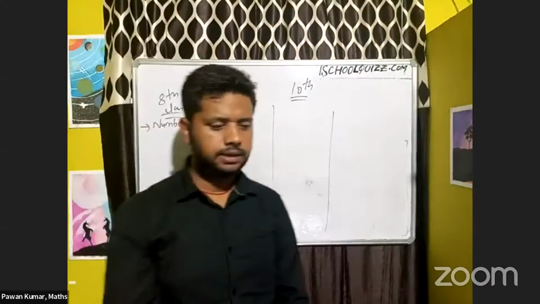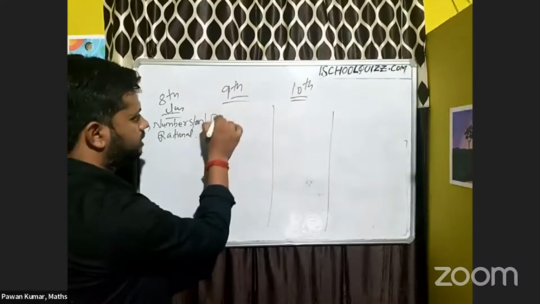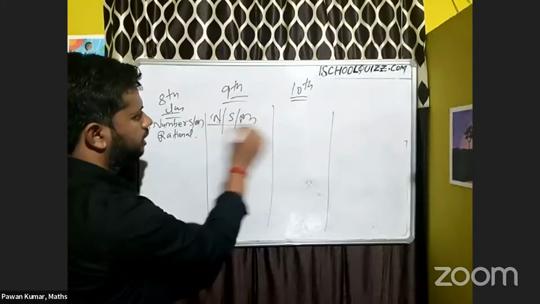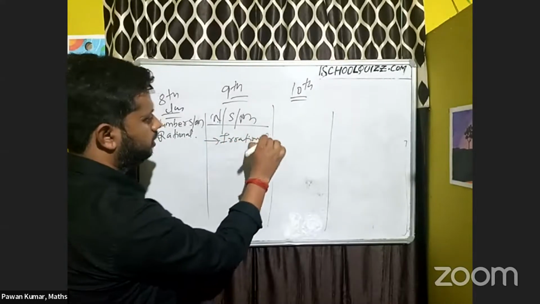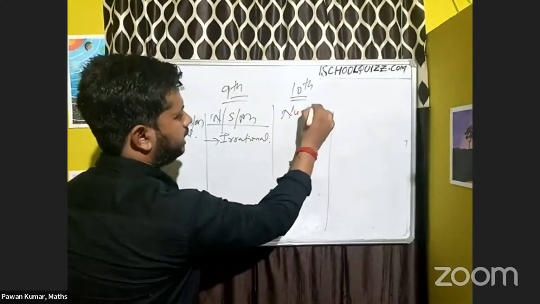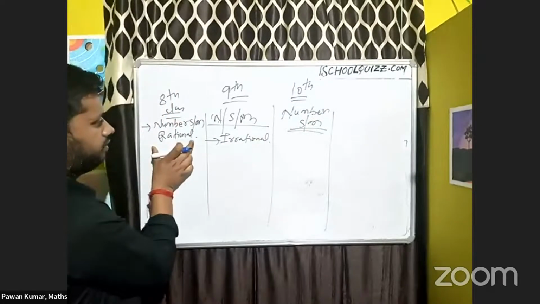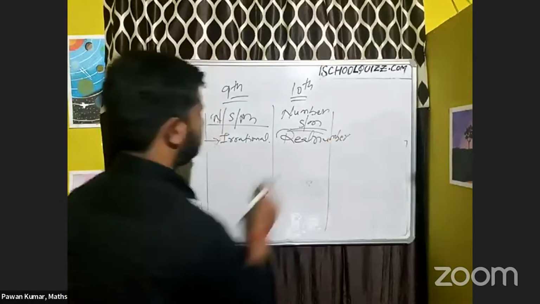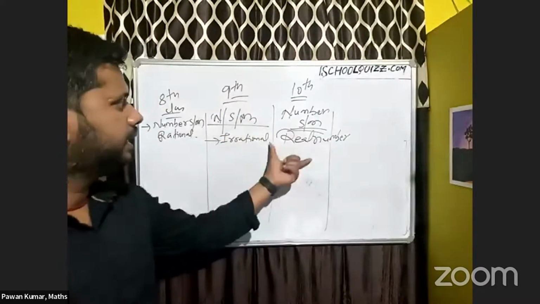There you learned about the rational numbers. The same number system is there in the 9th class, but here you are going to learn about irrational numbers. And the same number system is there in the 10th class, and they give you this combination of rational and irrational, that is real number. I already told you what a real number is: the combination of rational and irrational numbers makes real numbers. Correct? So that is there in the 10th class.